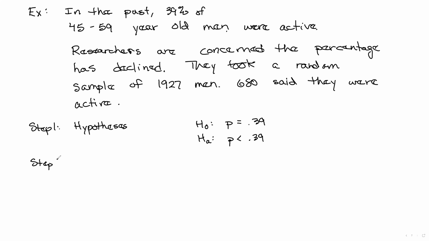Step two, central limit theorem check. The first step is, is it random? I almost skipped a step there. I took a random sample, so yes, supposedly. Next, sample size.